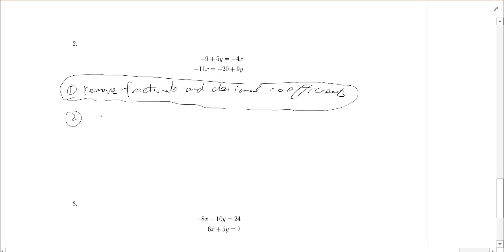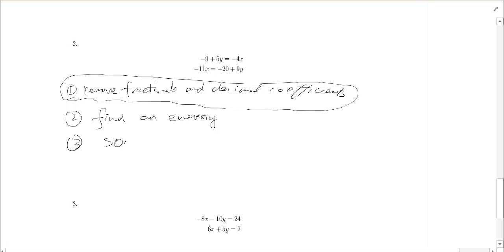We need to find an enemy. I call it the enemy. You want to remove the enemy and basically cancel it. The enemy is one of the variables, right?